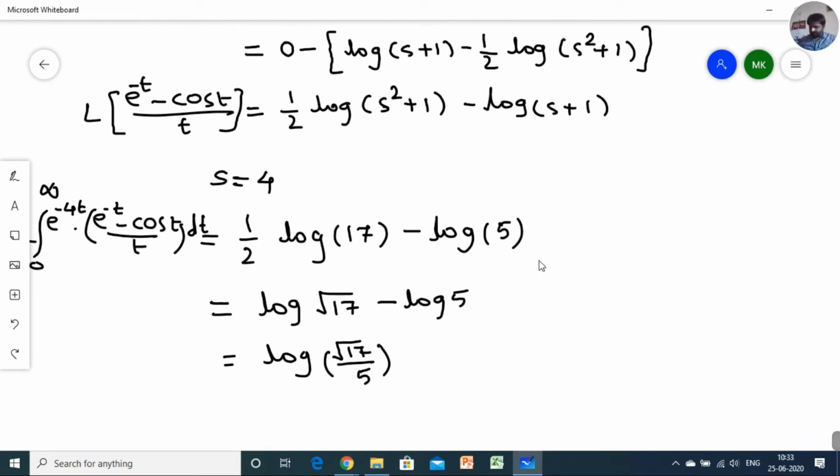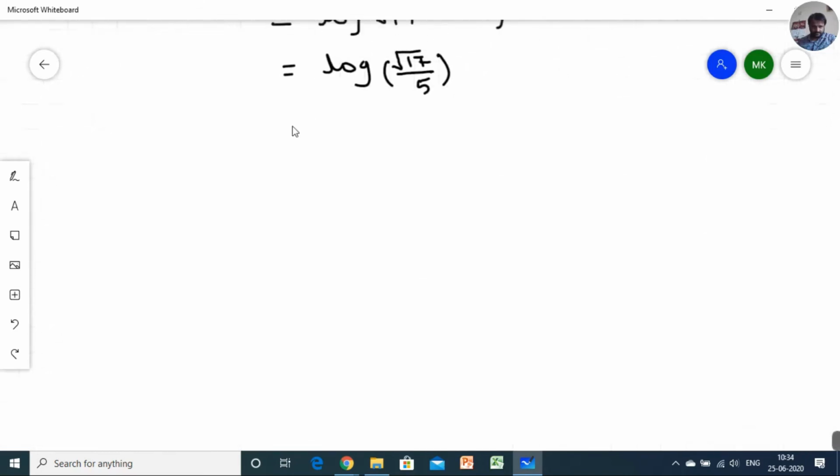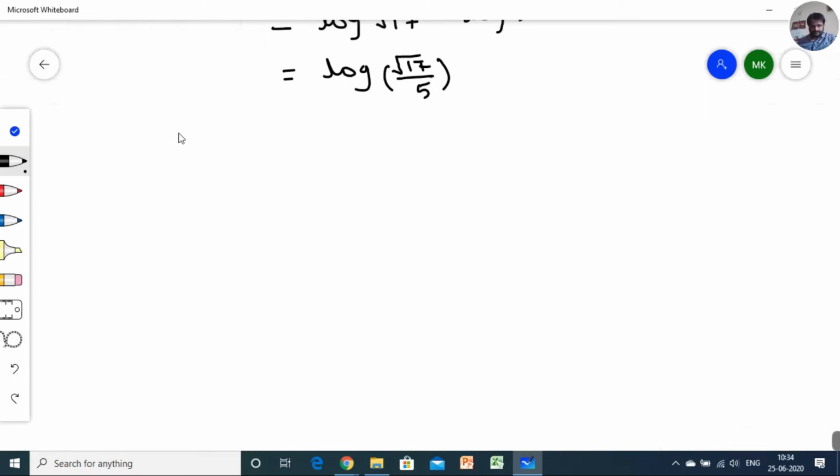Okay, now we'll move to the last question for today, the third numerical. Integral 0 to infinity.